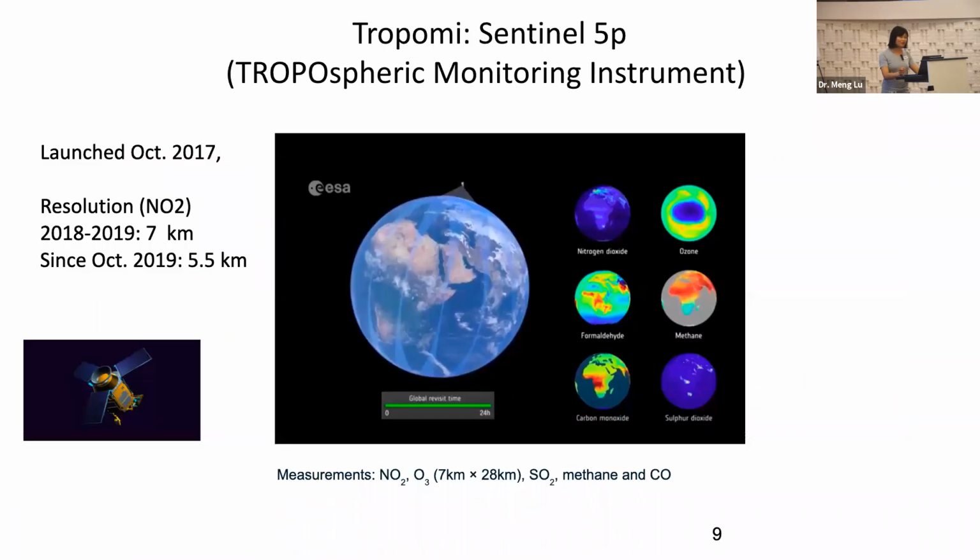And also, I mentioned in the morning the TROPOMI measurement, which is a very promising product that was quite new, launched in October of 2017. And in 2019, it's going to have an even higher spatial resolution of 5.5 kilometer. So it measures a quite broad wavelength from ultraviolet to short wave near infrared.